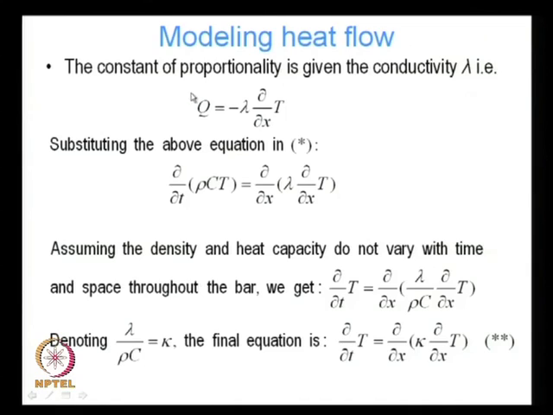In that case I can pull rho C down here. So, I get del t T is equal to del x of lambda by rho C del x T. I denote lambda by rho C as kappa, and then I get the final form of this equation, where T is the temperature and small t is the time: del t T is equal to del x of kappa del x T.